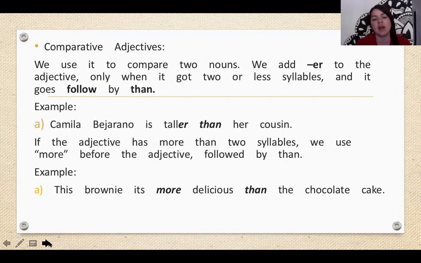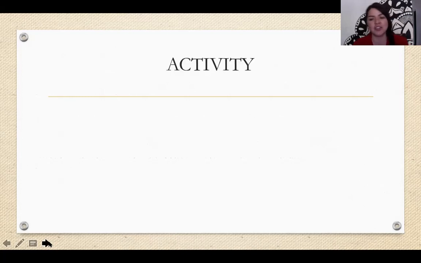Now, let's see if this information is clear to you. I will put some adjectives here and you will think if you must add ER or more, okay? First one, adorable. What do you think? You need to add more or ER?